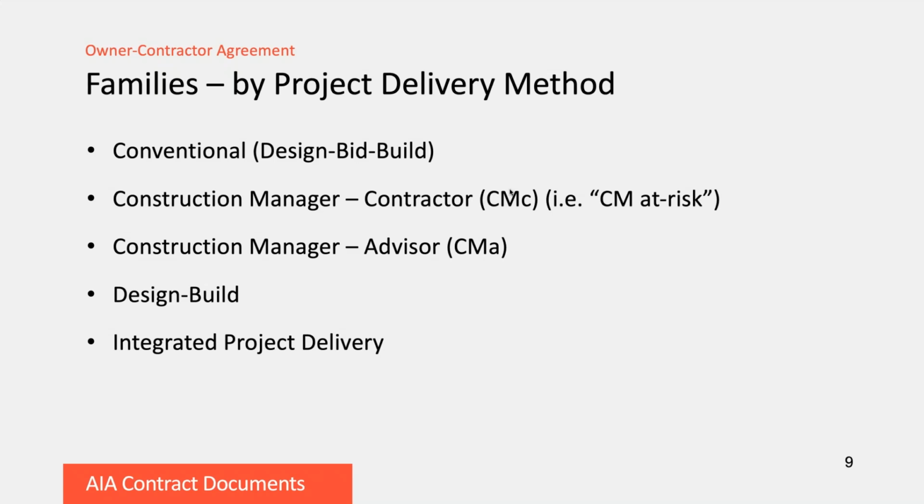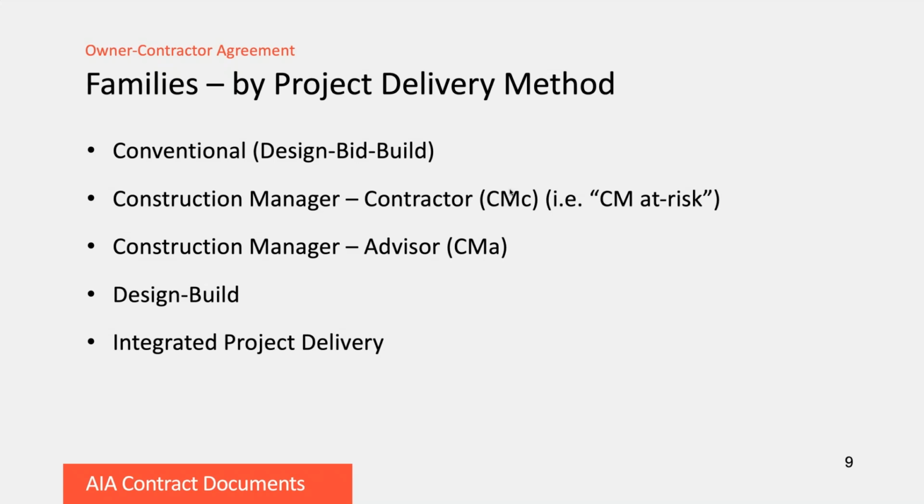One, the CMC, or it's also called CM at risk, is where what is basically the general contractor participates throughout the design process and the construction process. And then there's CM as advisor, where again there is a person or entity that brings construction expertise to the table, participates through the design and construction process, but doesn't have a financial stake in the process.